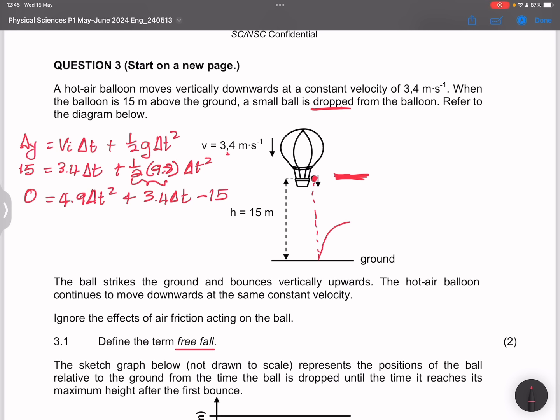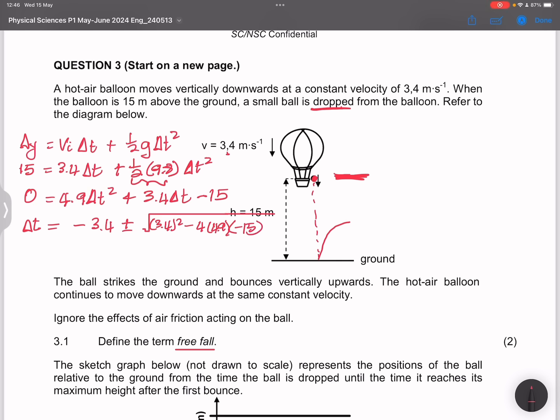Now, what I want us to do is use the quadratic formula to get that answer. So this is going to be delta t equals minus 3.4 plus or minus the square root of b squared, which is 3.4 squared, minus 4 times a, which is 4.9, multiplied by c, which is minus 15.